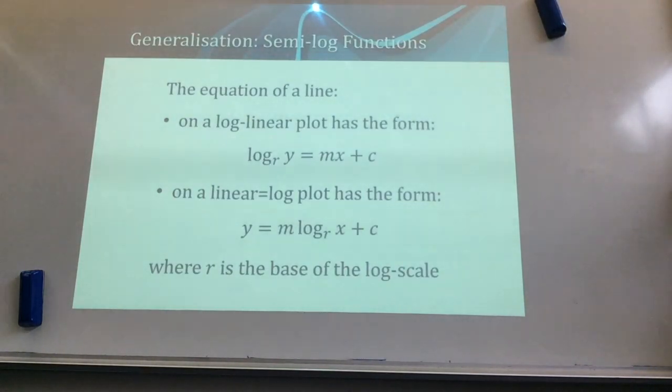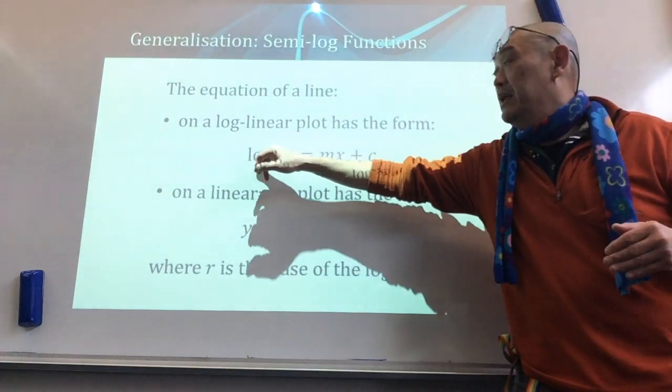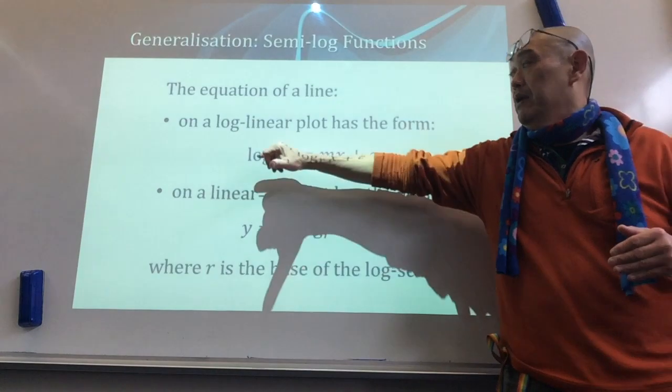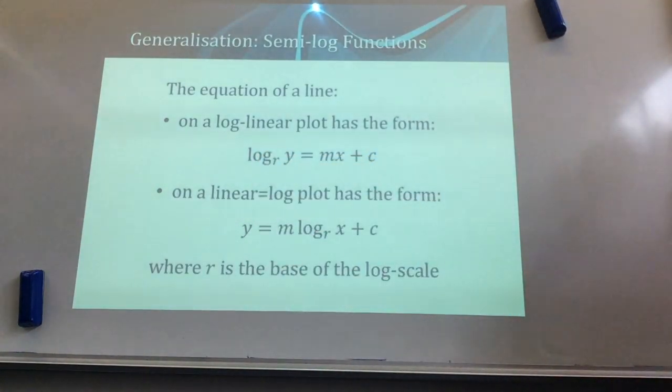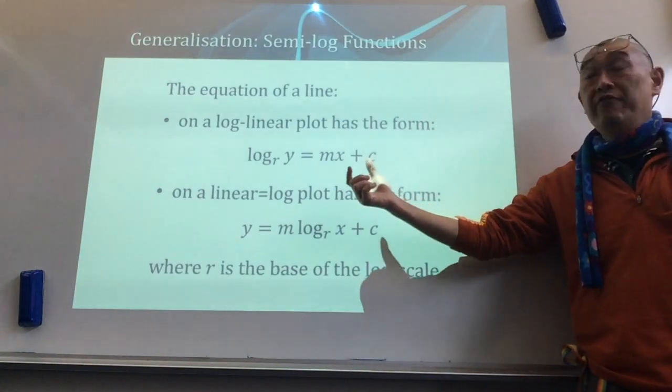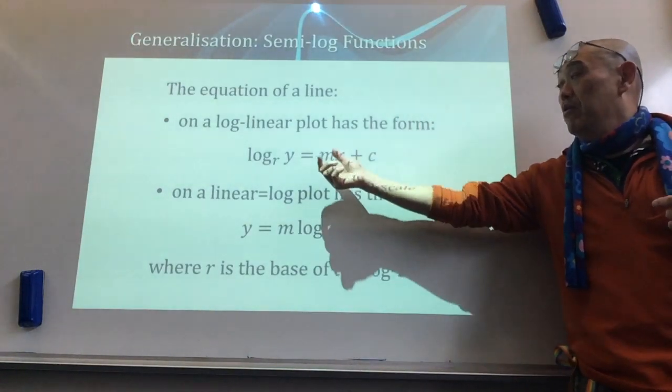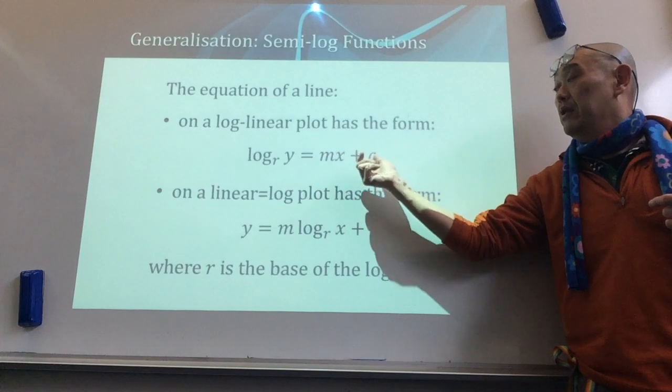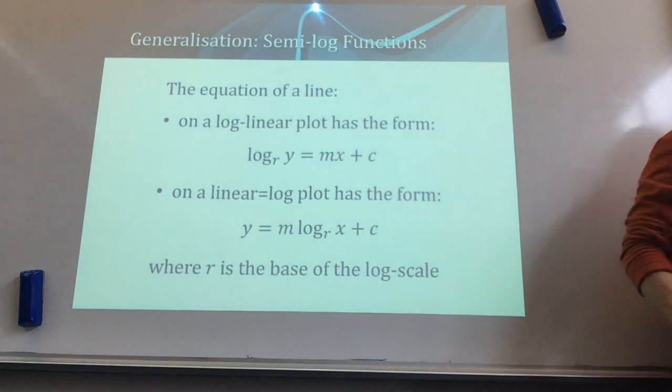So it's a different way of thinking about where your log will be, whether it's log y or log x. When I rearranged the equation just now, I know that is another log number. Or you log the x instead.